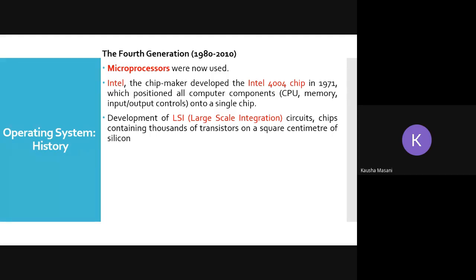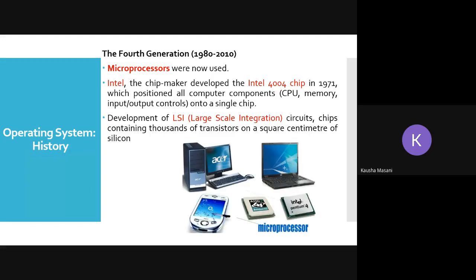Very large scale, VLSI, is currently going on. But first of all, large scale integration circuits came into the picture because of these microprocessors. The chips contained thousands of transistors in a square centimeter of silicon. So the size of these transistors reduced, but the work of these chips increased to a very high number.